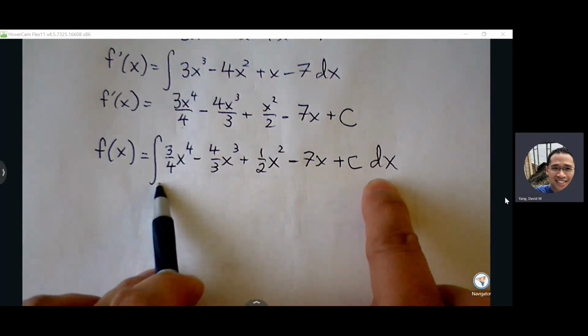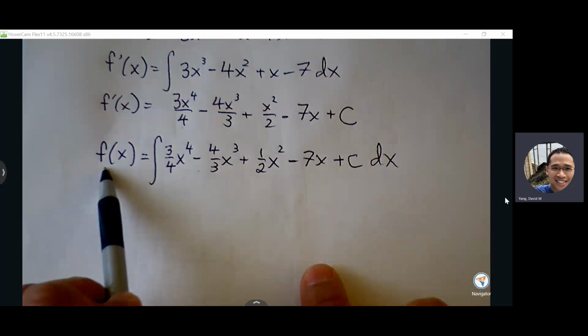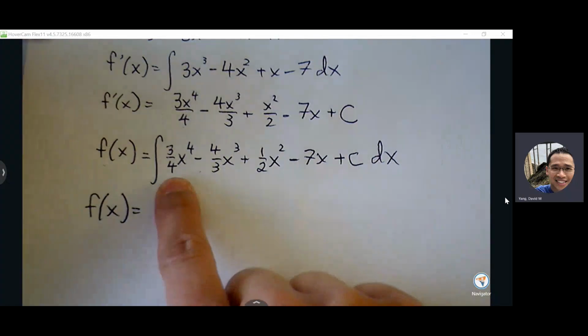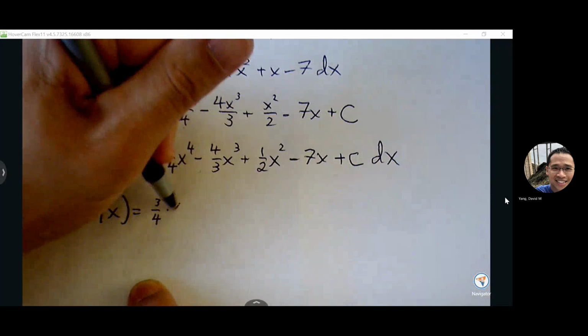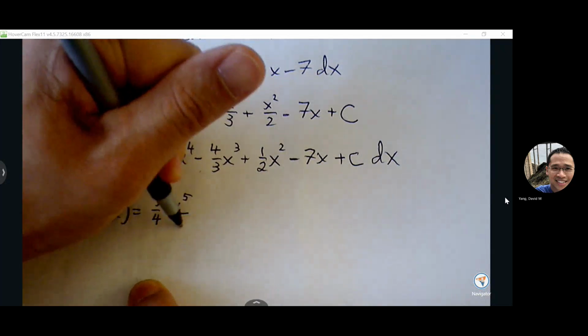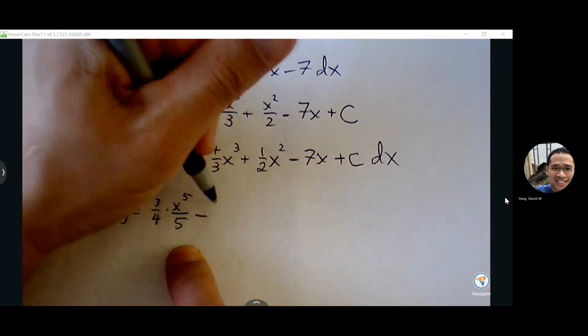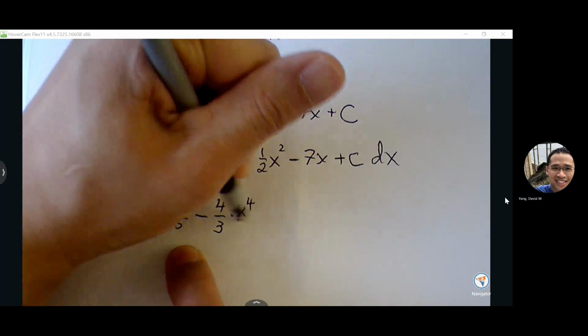So once I resolve this, then I'm able to take this expression and make it rise up to the f of x level. Keep the coefficients. Add 1 to the exponent. Keep the coefficient. Add 1 to the exponent.